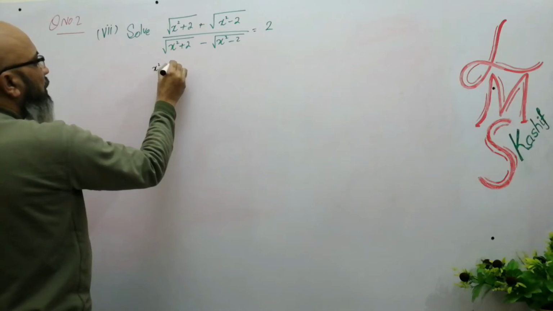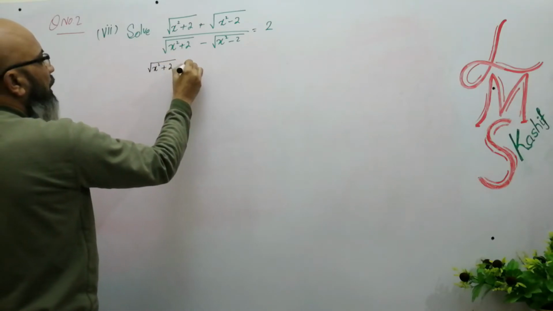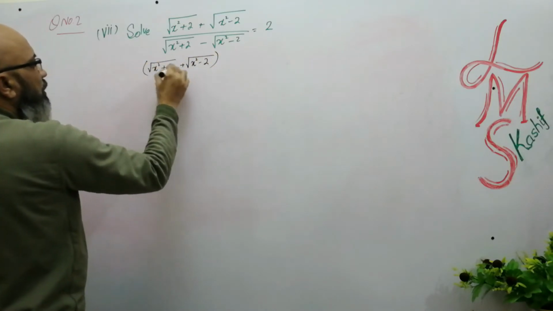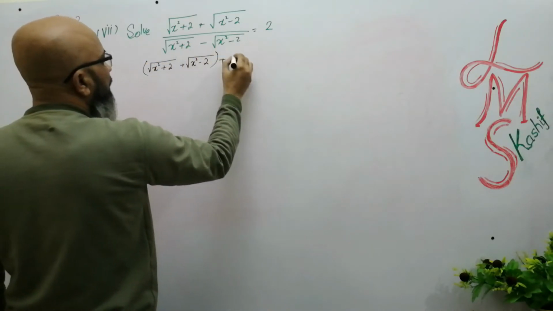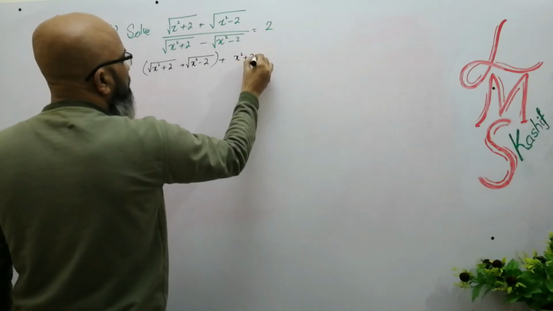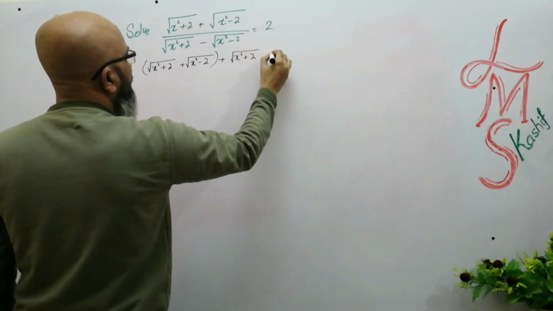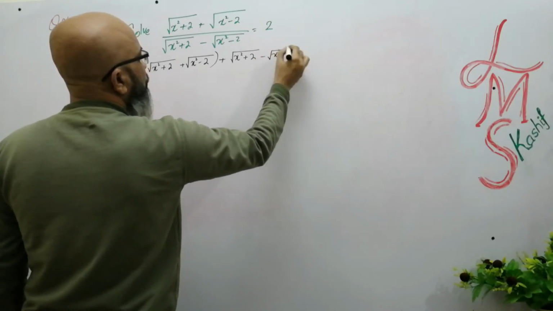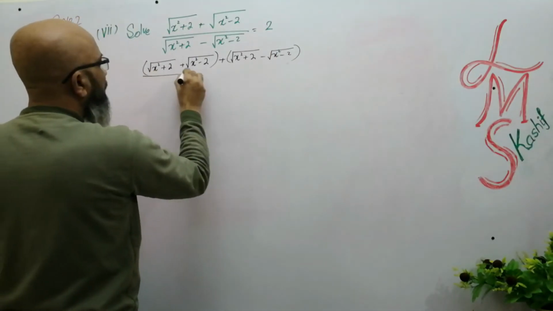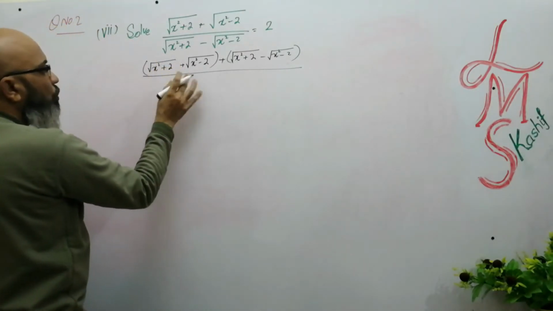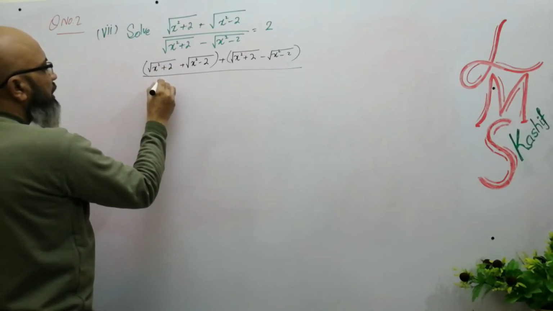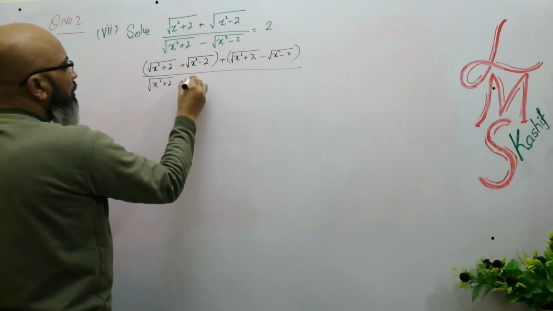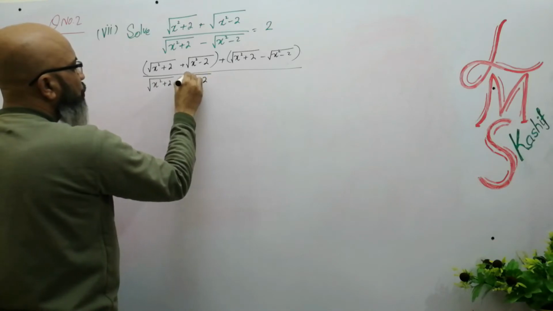square root of x square plus 2 plus square root of x square minus 2. This whole value will be added, and now we will subtract the same value: square root of x square plus 2 minus square root of x square minus 2.